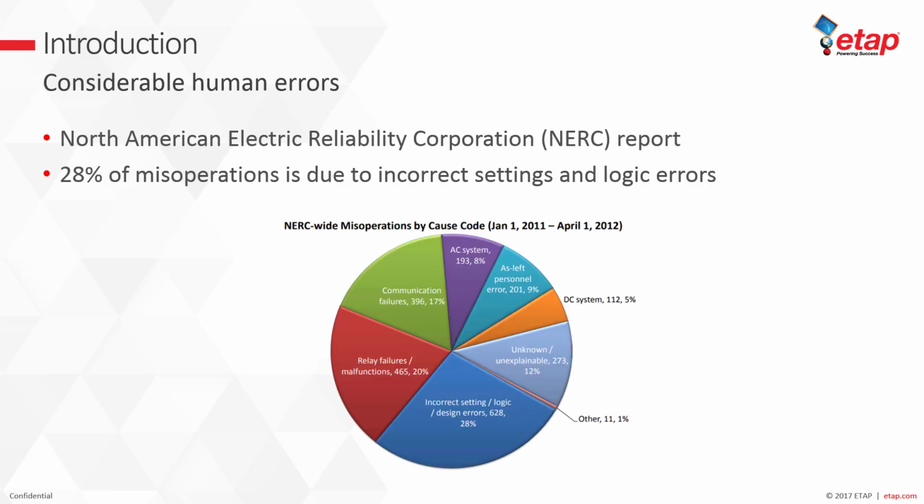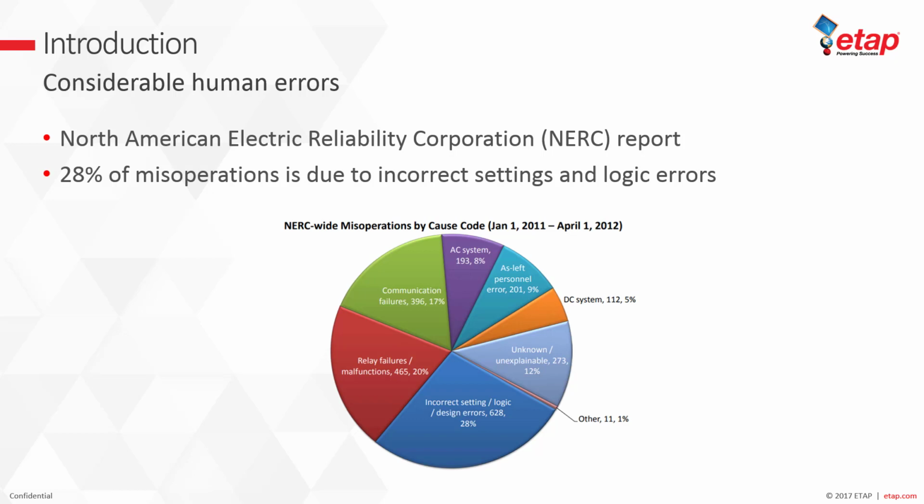All the aforementioned complexity in relay settings opens a door for human errors and eventually protection system maloperation, even though relays are extensively tested before and after installation in the field.